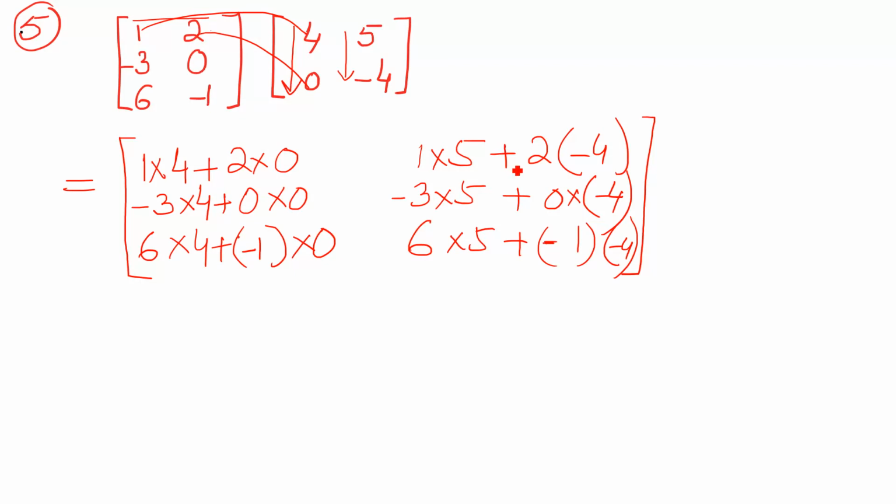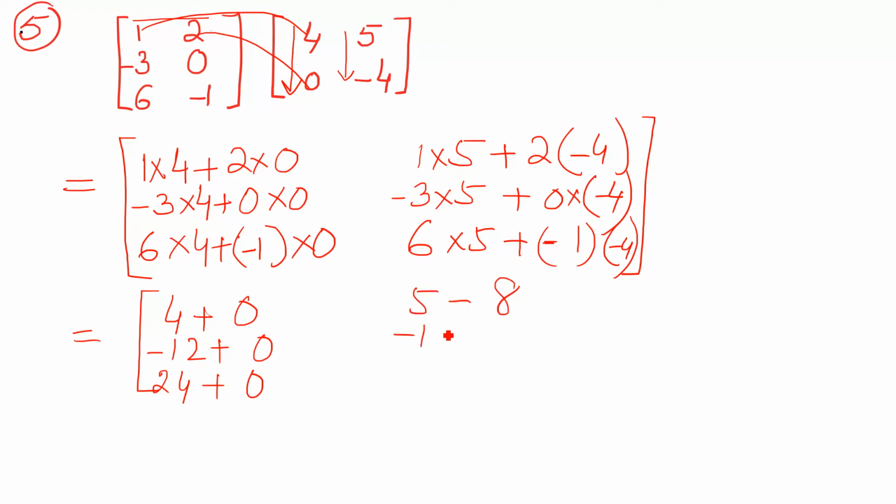The second element you have to multiply by negative 4, so this is fine. And then we will simplify it. 4 plus 0, negative 12 plus 0, 24 plus 0. Here 5 minus 8, negative 15 plus 0, 30 plus 4.